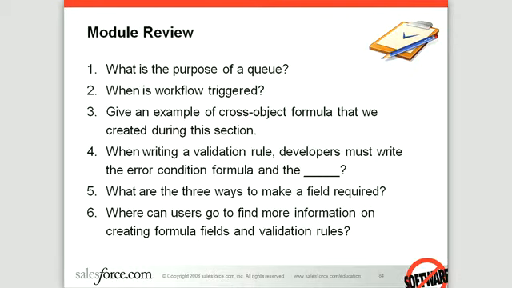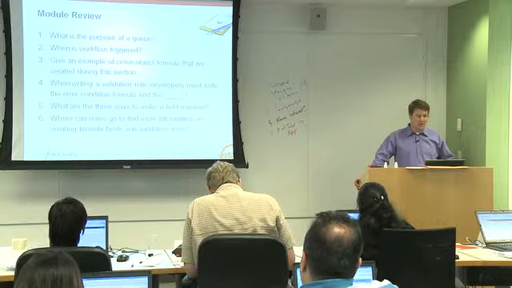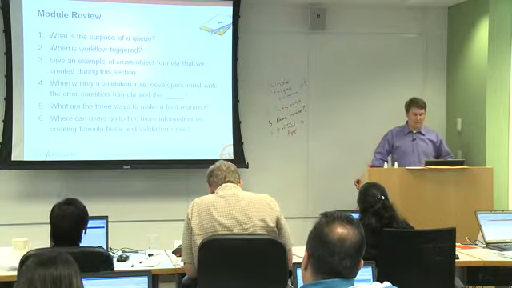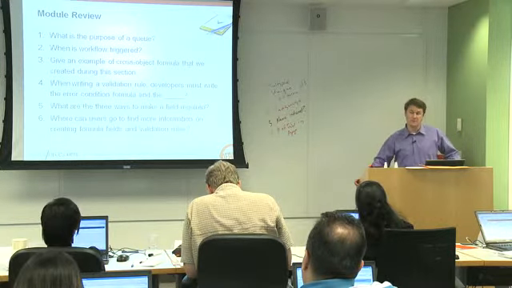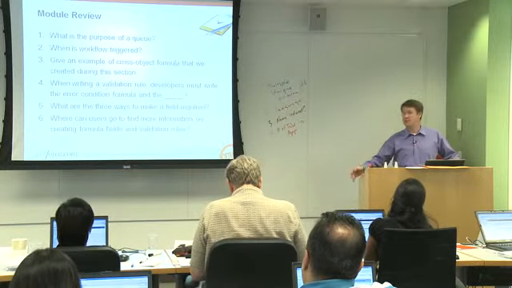When writing a validation rule, developers must write the error condition formula and the blank. So, Carol? To require a field, that is true. So the answer to this one is associated with a field. What else is there? The error message. Okay, so the error message that you would associate with that particular field.